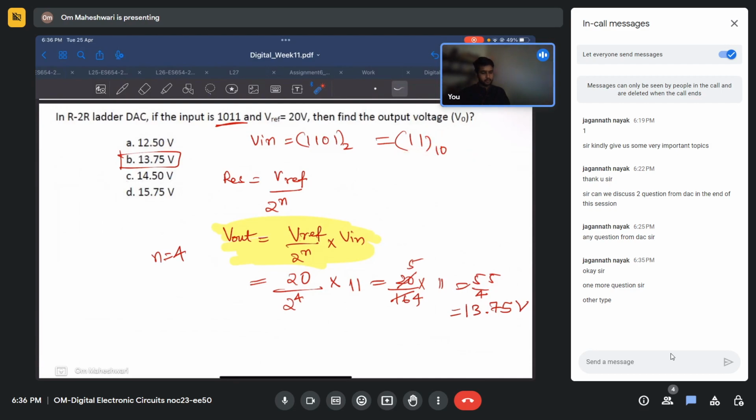So Vref is 20 upon 2 to the power n, where n is the number of bits. We have 4 bits. So 2 to the power n into 11. So if I solve, I'll get 13.57 volts as V out.